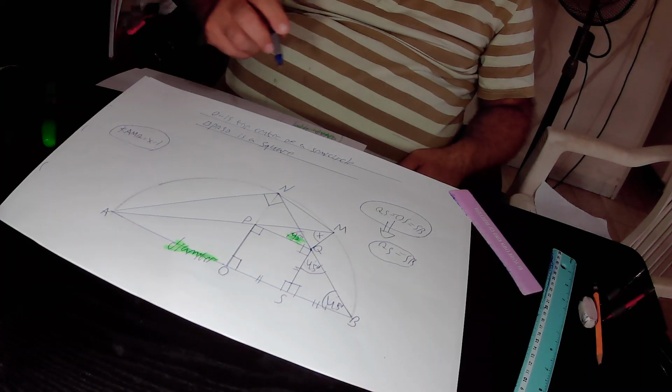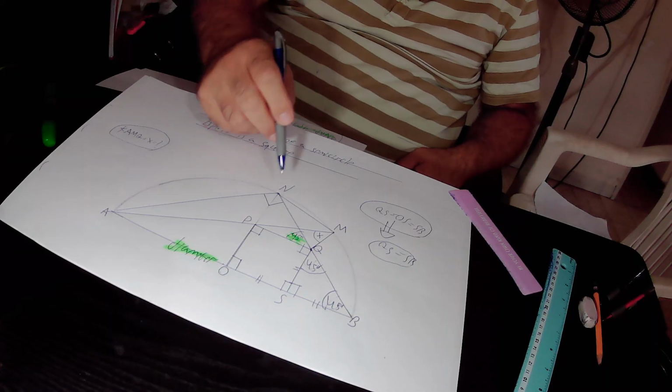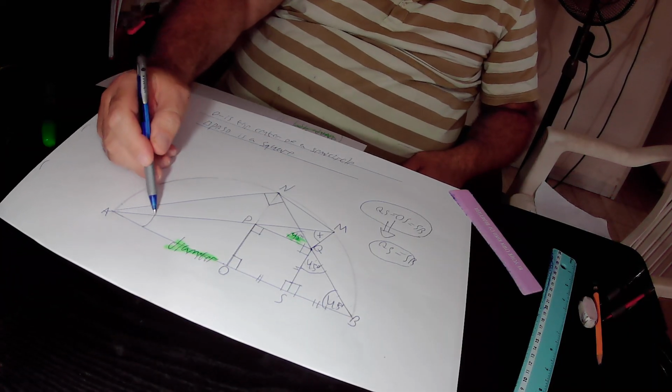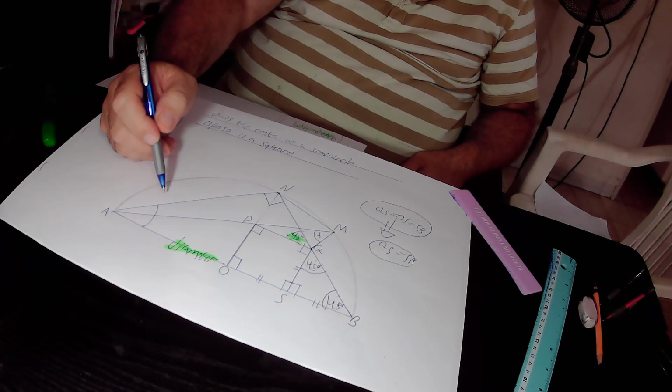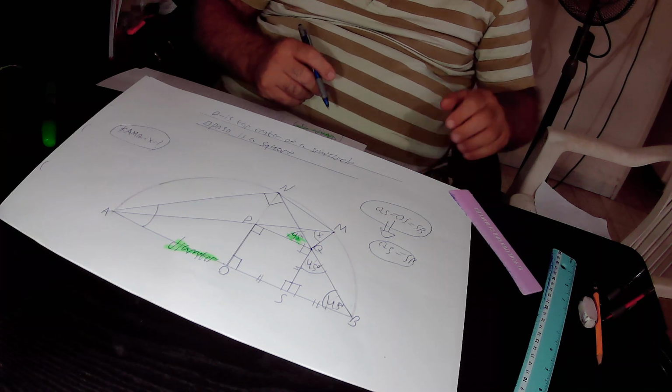So in the big right triangle ANB, this angle equals 45 degrees, this angle equals 90 degrees, and therefore this third missing angle must be equal to 45 degrees in its size, according to the rule that the sum of the angles in any triangle is equal to 180 degrees.